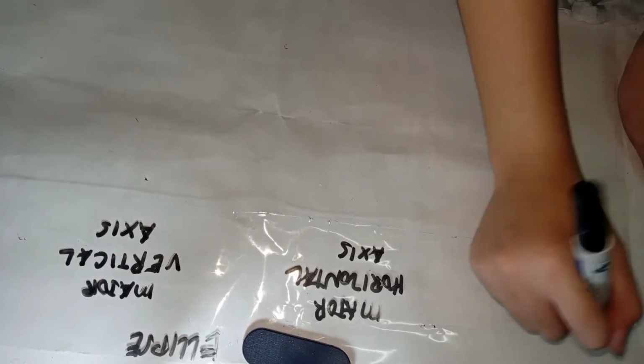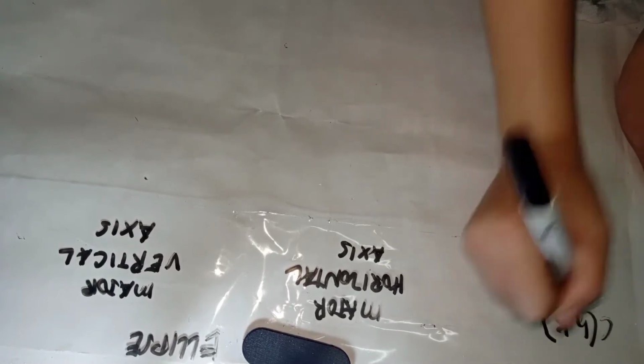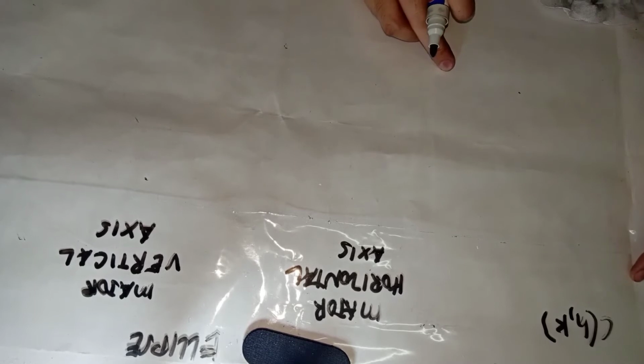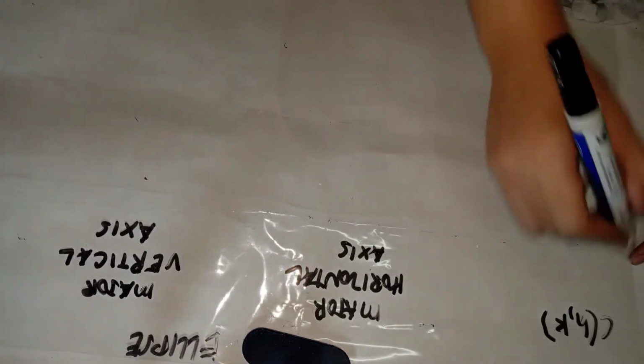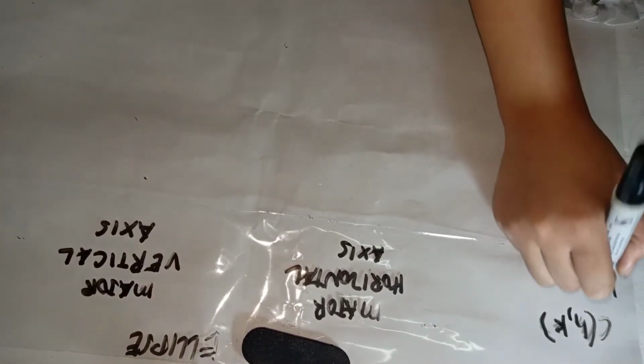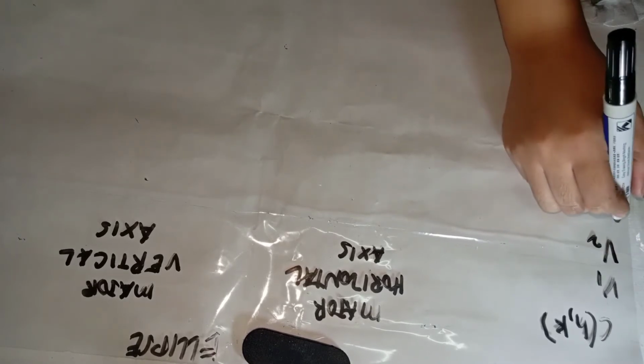So in ellipse it's the same with the center. It has a C, H, comma K, and it's also the same with the parabola sa vertices or the vertex, but here it has two. So it is vertex 1, vertex 2.